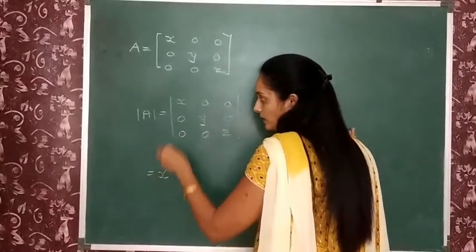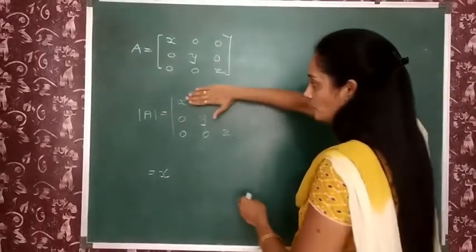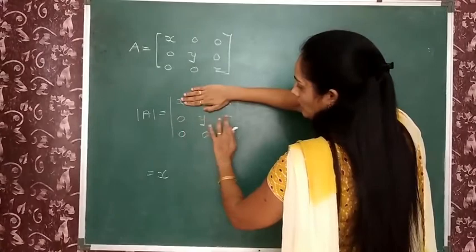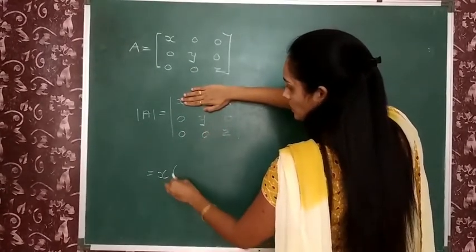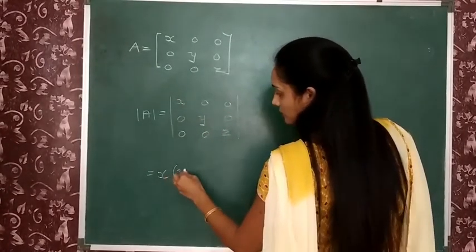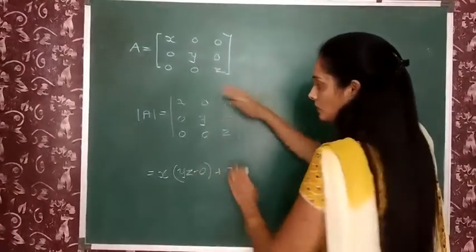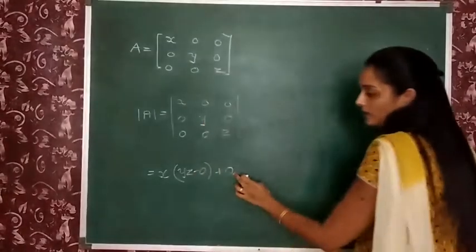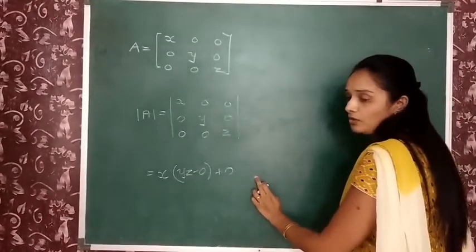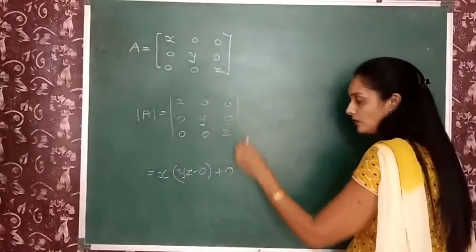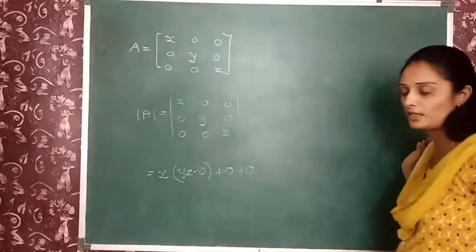First element is x, so we can hide the first row and first column. The remaining determinant is y 0 0 z. So x times yz minus 0 plus 0. We can expand the bracketed terms, because multiplication of any term with 0 is 0, and the last term is also 0.